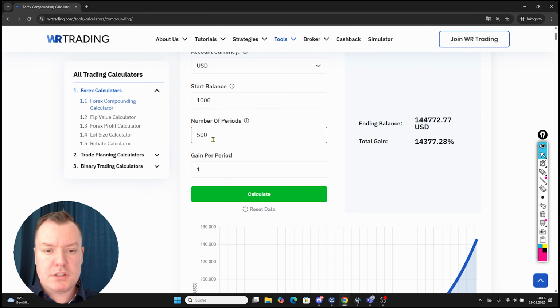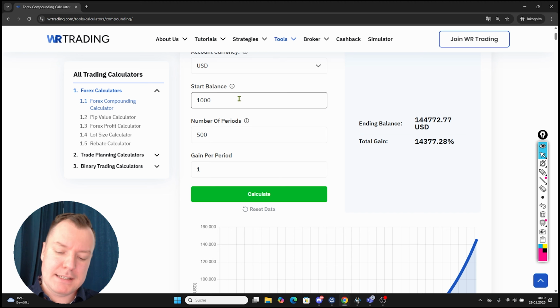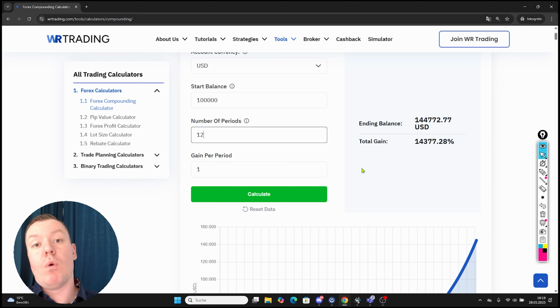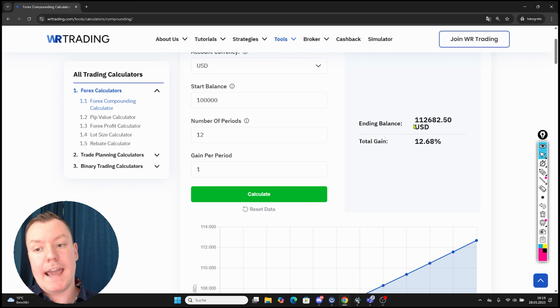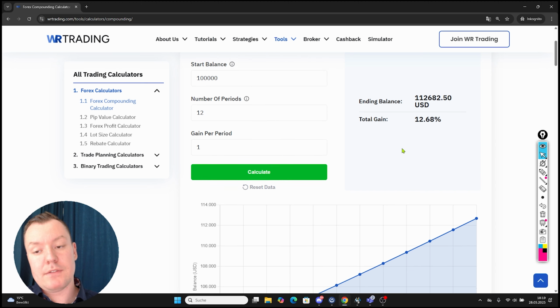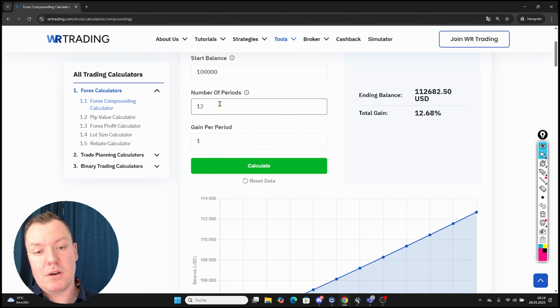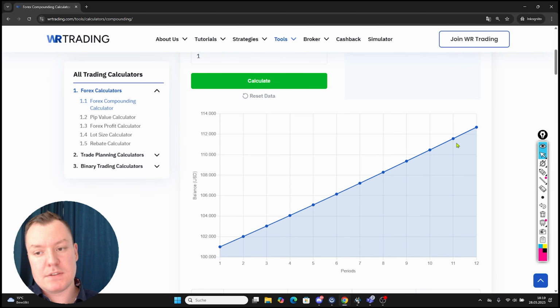Let's choose a more realistic example. Let's choose a $10,000 account or even a $100,000 account. Say we have a number of periods and every month I make a 1% gain. Let's calculate this. So overall, I have $100,000 and $12,000 here, $112,000 in my compounding effect after 1 year. So 12 monthly periods. And you see the increase in the account balance.